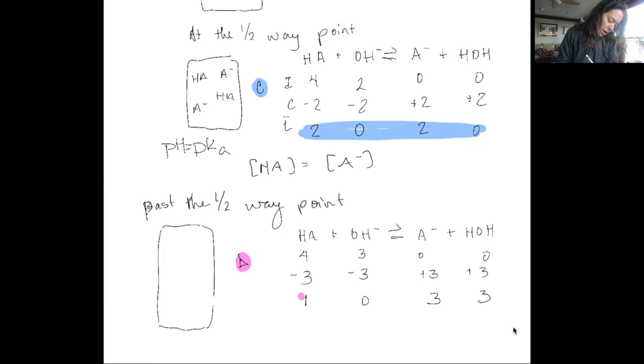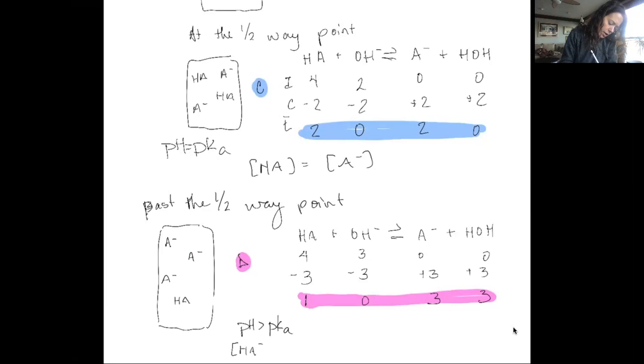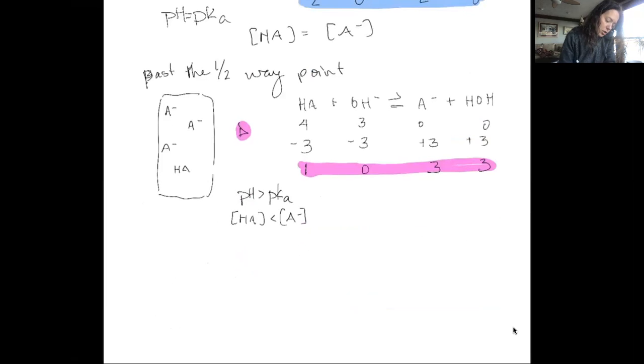So we see that now we've got more conjugate base than acid, we see that our pH will be greater than our pKa, and our HA is less than our conjugate base. Notice, if we were to keep going, what would happen?